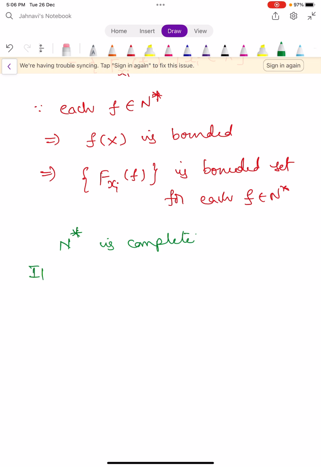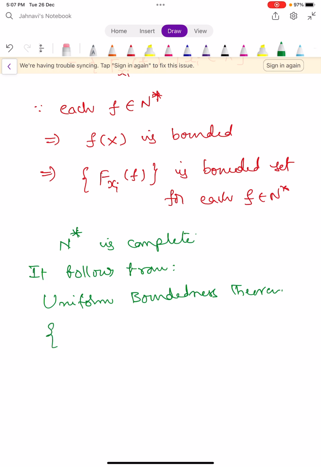It follows from the uniform boundedness theorem that the collection Fxi of f is a bounded subset of N star.